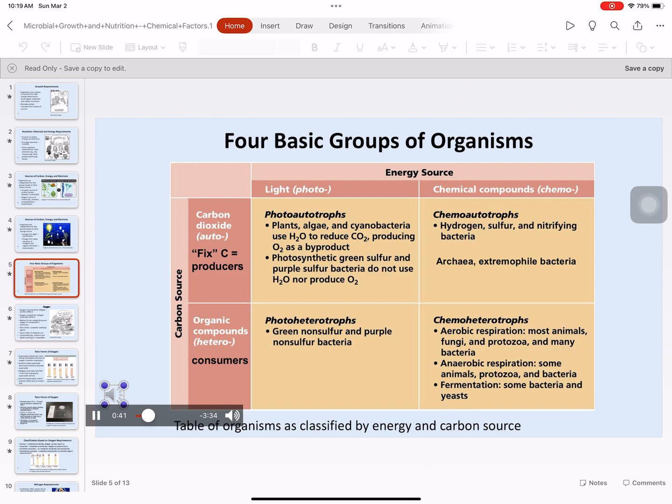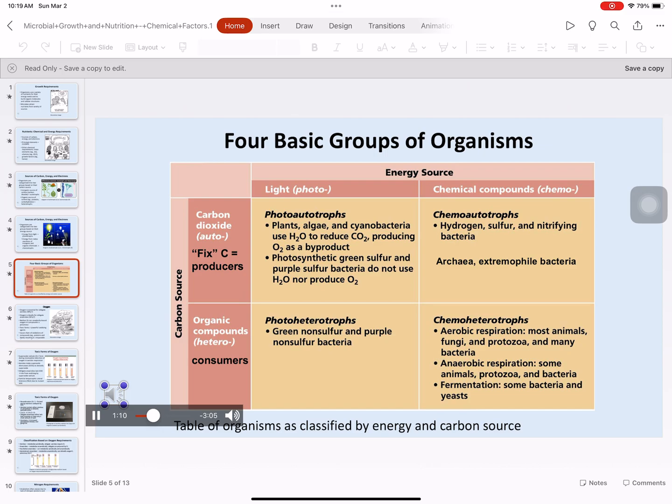We then have organisms that get their carbon from organic compounds. They are considered hetero, and they are also considered consumers because they must consume, for instance, plants like we do to get the fixed carbon that the plants have produced.